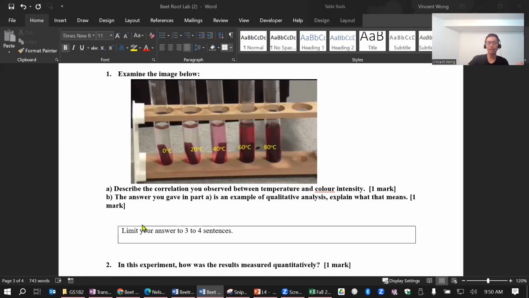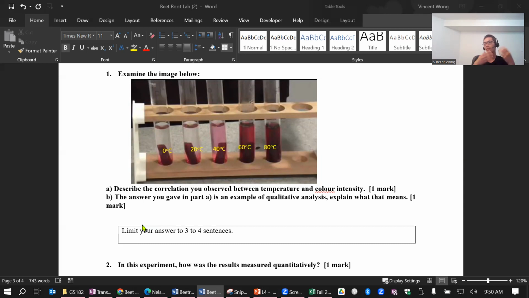Does it go up? Does it go down? Does it not change? That's all I need to see. So I'm not specifically looking for 80 degrees, I'm looking for a general relationship, right?